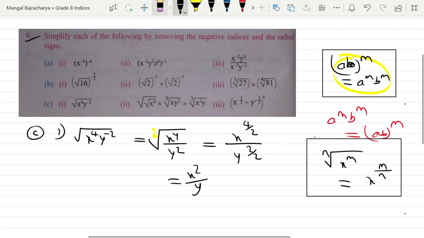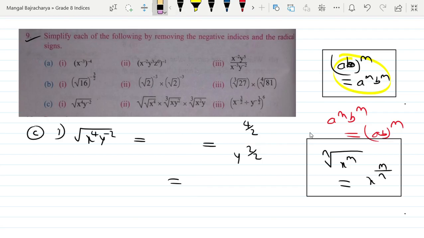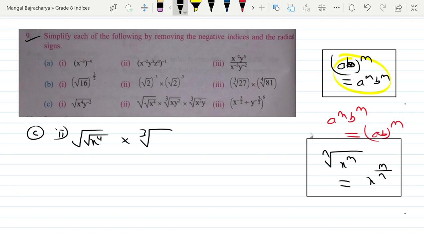Now we go with the second number. Okay, let's see what we have in the second. In the second number there is the square root of x power 4 into cube root of xy square and cube root of x square y.